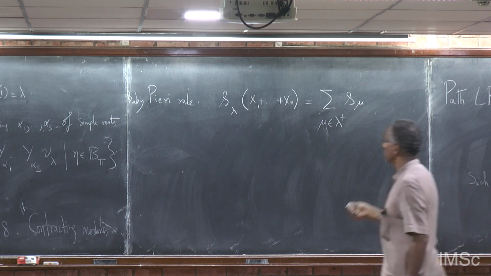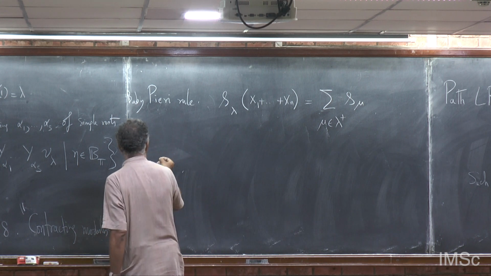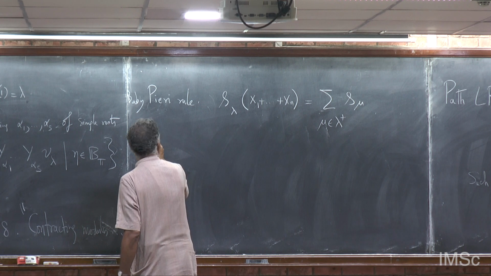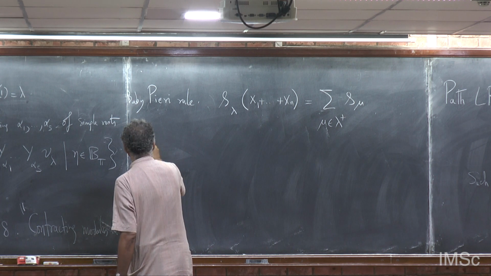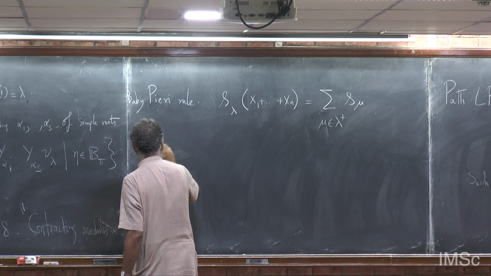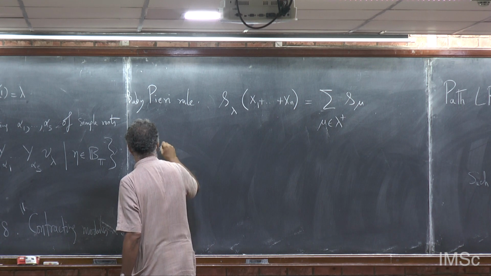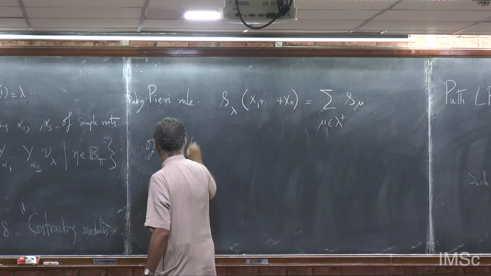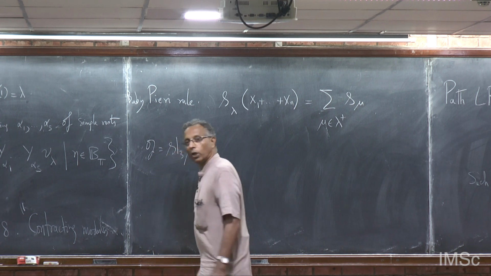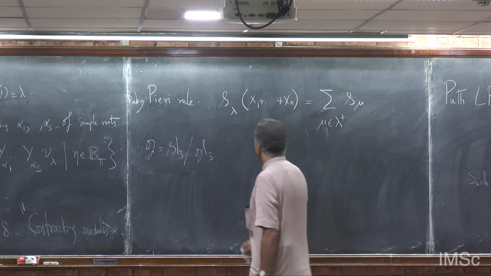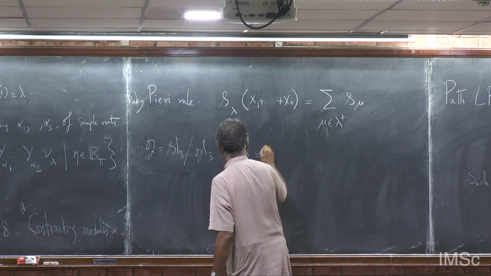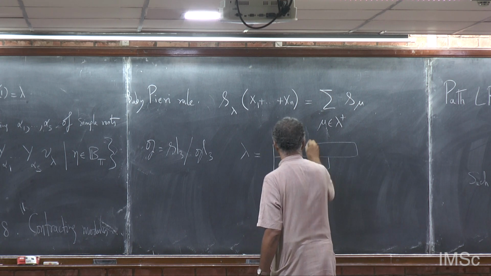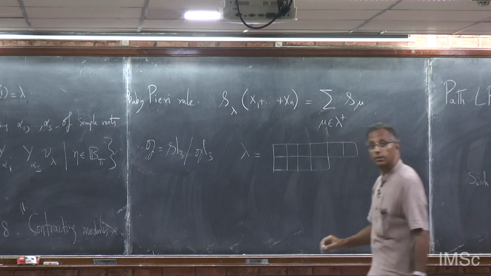Let's just take some simple example. So lambda is, let's say G is equal to SL3 or GL3, and lambda is something like this.